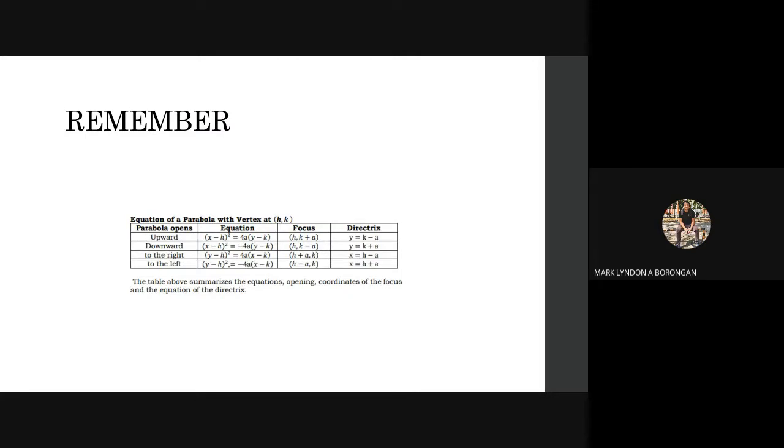Here, note from the graph that it opens to the left. If it opens to the left, we base it on the last row of the table. So the focus is (h minus a, k), and our y is k. Automatically, it is negative 4.